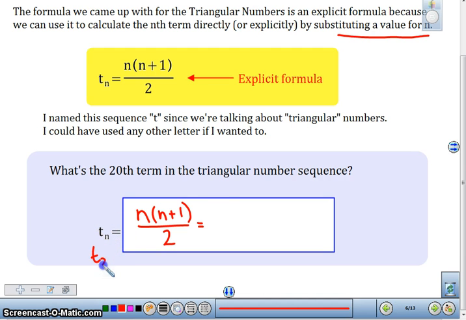Well, we were trying to find the 20th term. So we're going to have 20 times 21 divided by 2. You're asking, how did I get 21? Because it says n plus 1. So if n is 20, the next one has to be 21. We're going to multiply those two and then divide by 2, which gives us 210. You could divide this way first and get 10 times 21 to get 210.